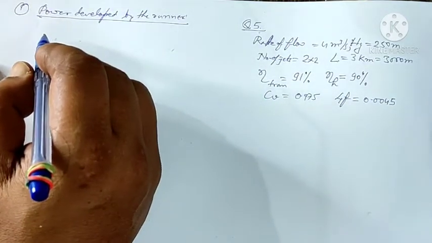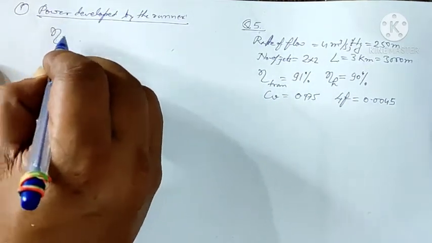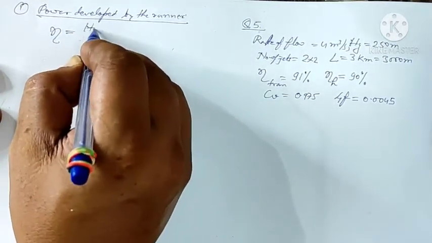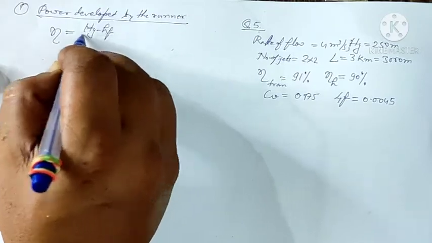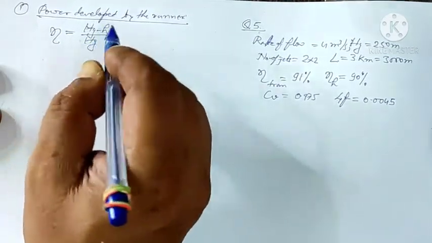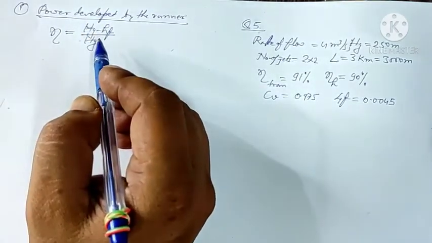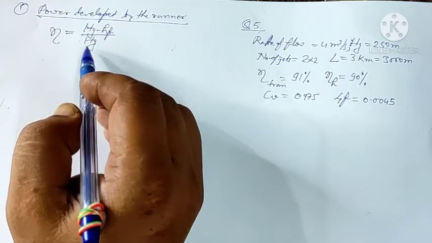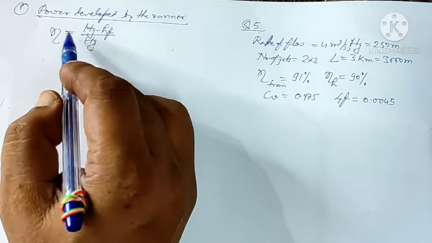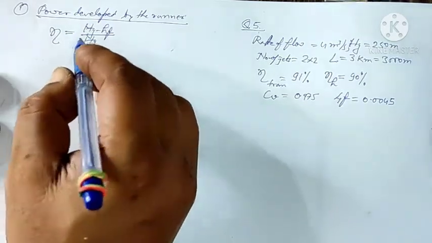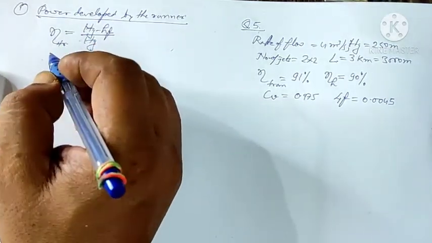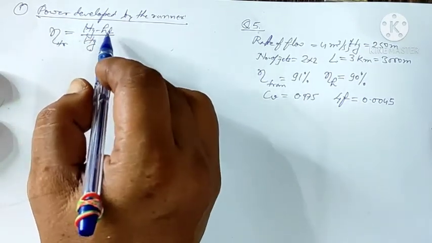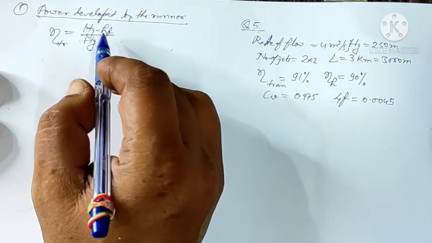The efficiency of power transmission we can write as Hg minus Hf upon Hg, that is, this is the net head available at the turbine nozzle and this is the gross head. So this is the efficiency of transmission, and Hf we can say as the loss of head due to friction.